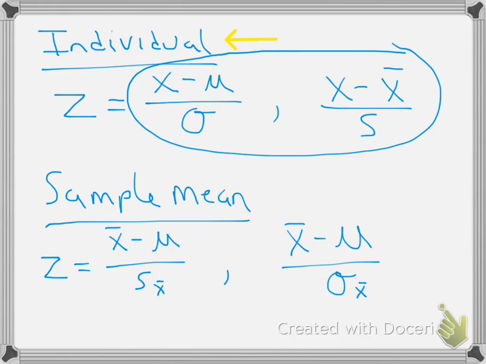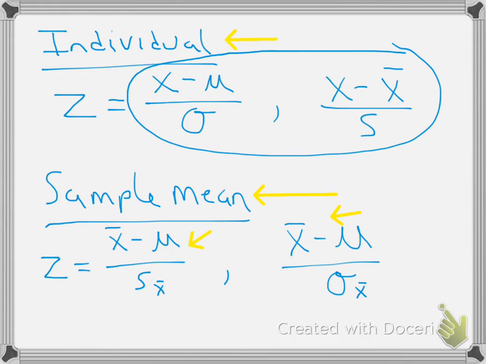Another kind of z-score is down here, when we are looking at the difference between a sample mean and a population mean. Here you can see the formulas look pretty similar to the formulas above, except that now we're looking at the difference between a sample mean and a population mean. How big is the difference between the sample mean and the population mean?